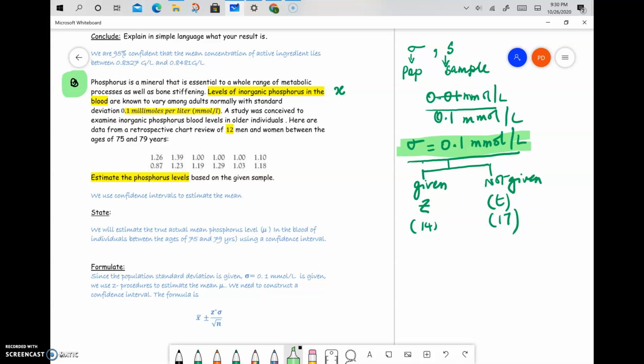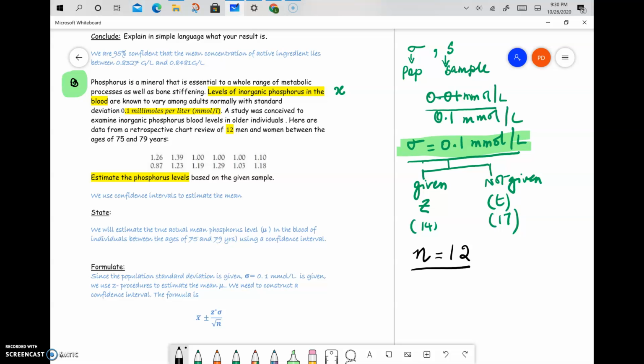Now the next sentence says, a study was conceived to examine inorganic phosphorus blood levels in older individuals. Here are data from a retrospective chart for 12 men and women. So why is that number 12 important? Because clearly from that sentence, we have taken a sample of 12 men and women in the age group of 75 through 79.